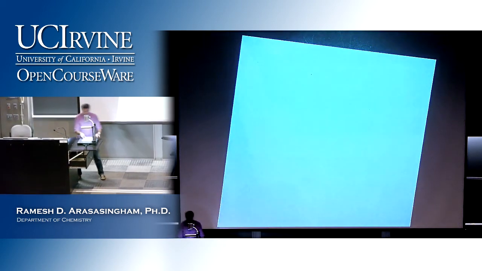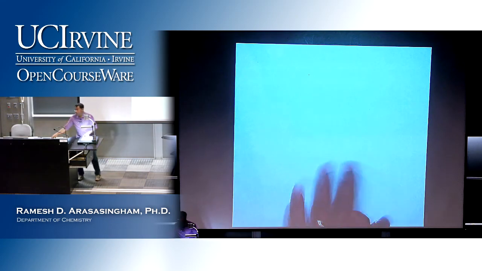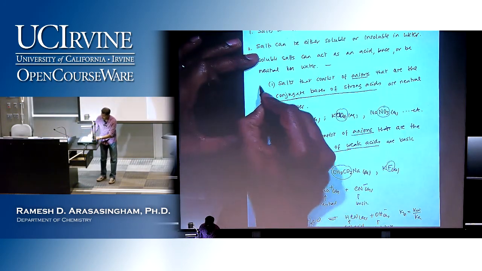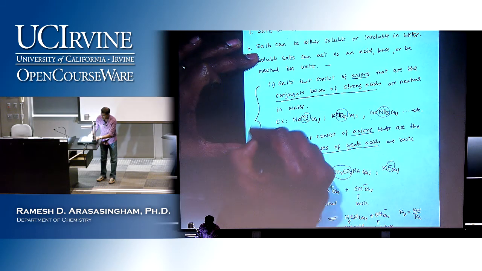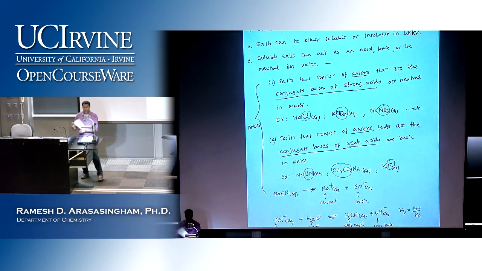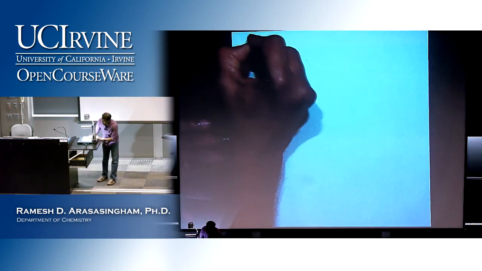Now, the third is, so up to this point, if you look at these two deal with anions. All right, now let's look at cations. So the third option is, now we're going to look at cations.